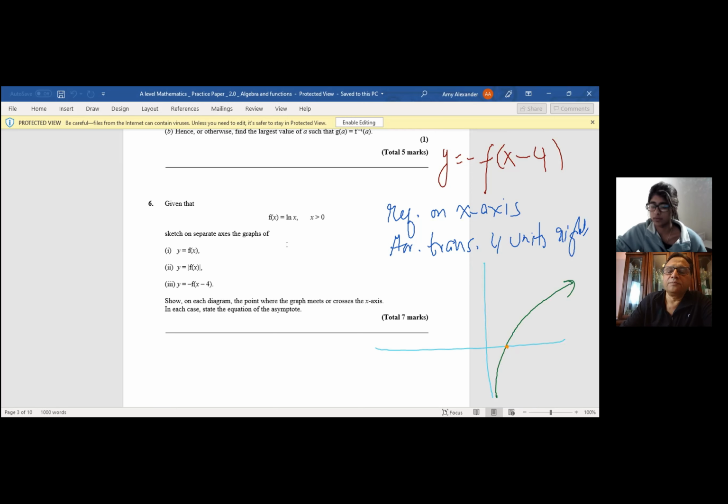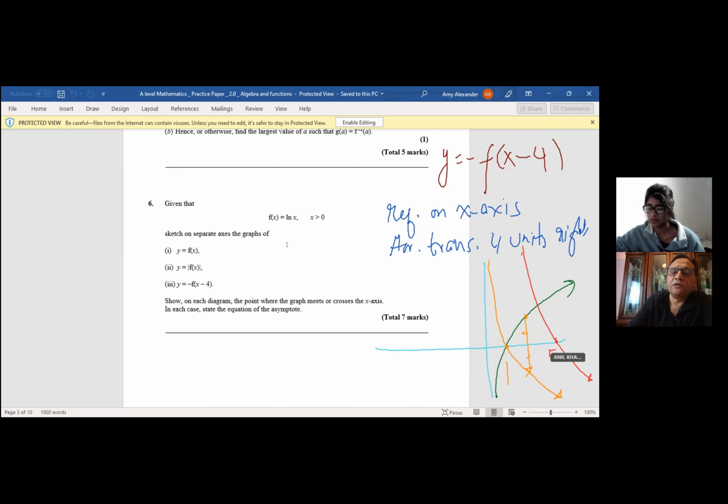Is that clear to you? After reflection, this point comes here, exactly the same distance away. Then you just move it 4 units. This is at 1, correct? So when you move it 4 units away, this point will be 5. So that becomes your answer.